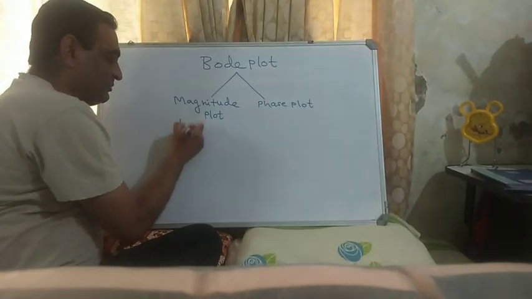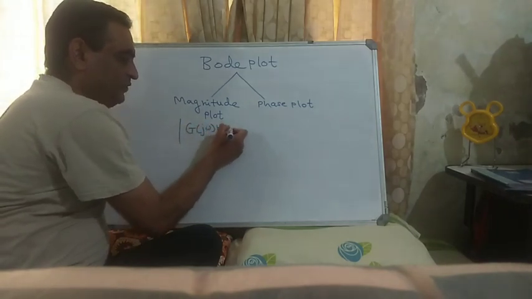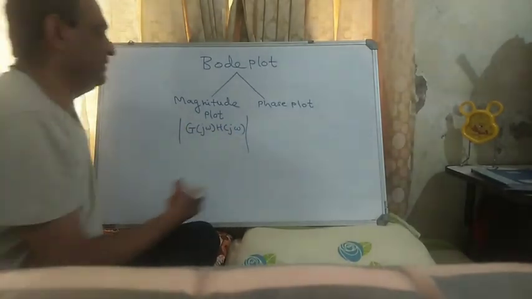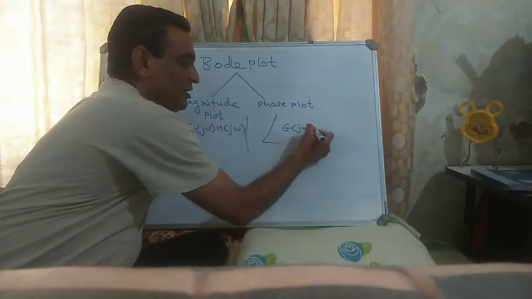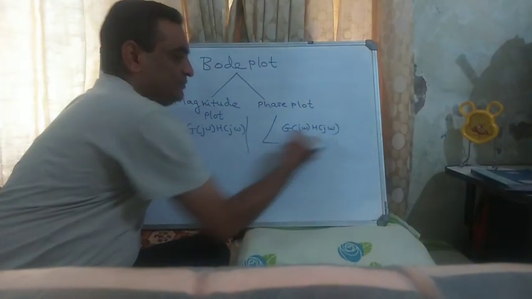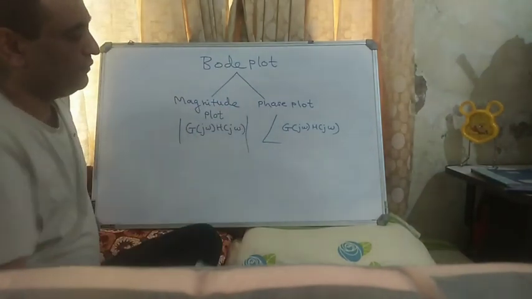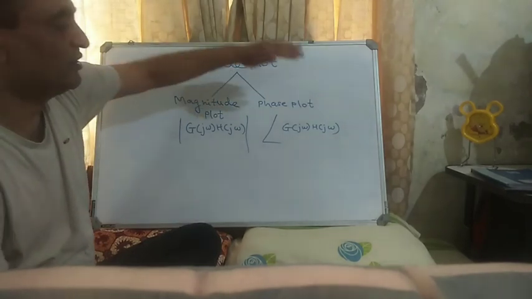So the magnitude plot is nothing but the magnitude of G(jω)H(jω), and the phase plot is nothing but the phase of G(jω)H(jω). So the Bode plot consists of two plots in a single plot. One is the magnitude plot, another is the phase plot.